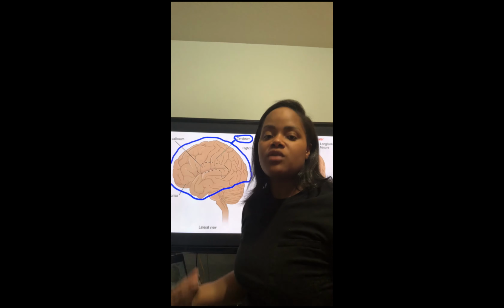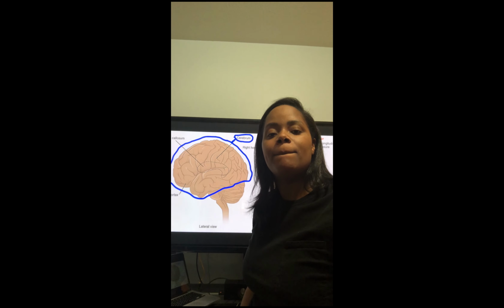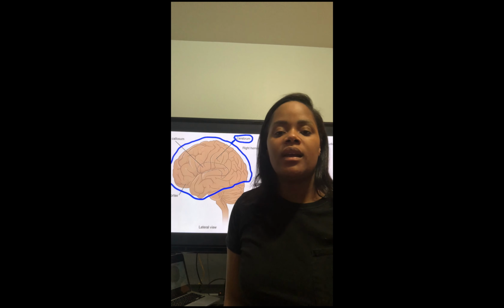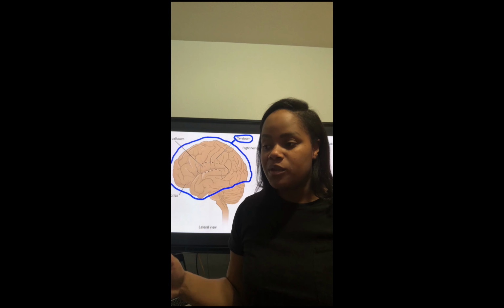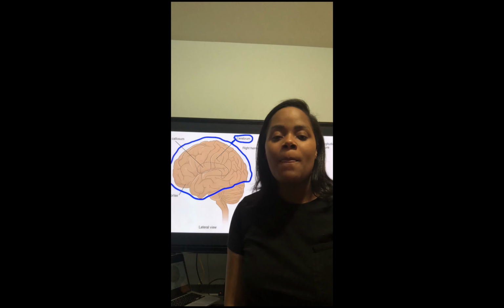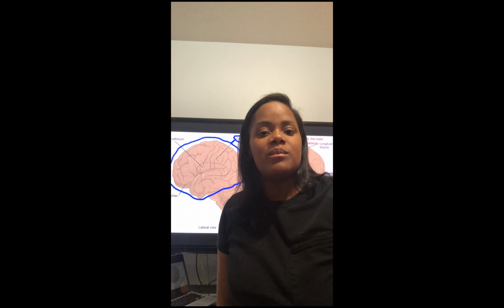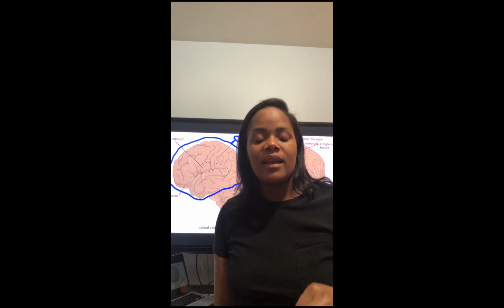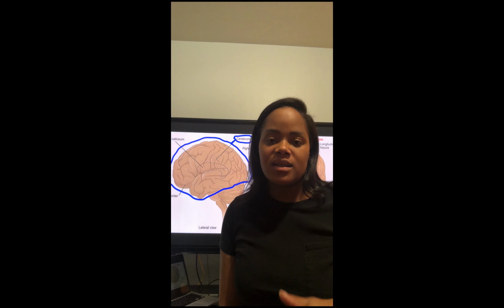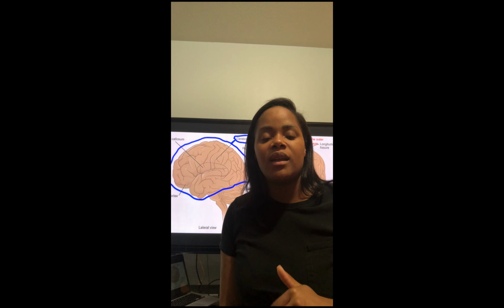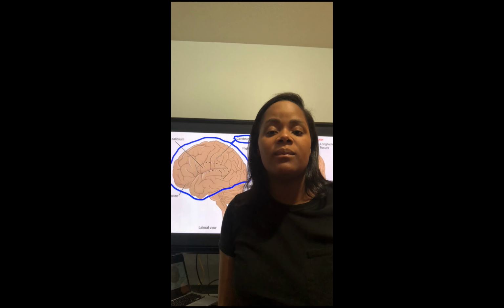The major structures of the basal nuclei that control movement are, I'm going to butcher these names, caudate, putamen, and globus pallidus. The caudate and putamen are called the striatum.